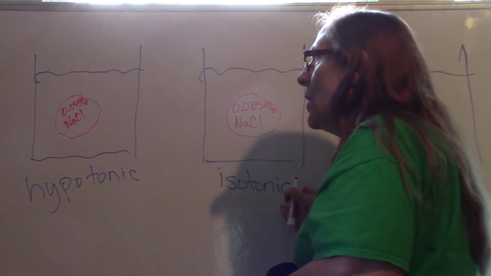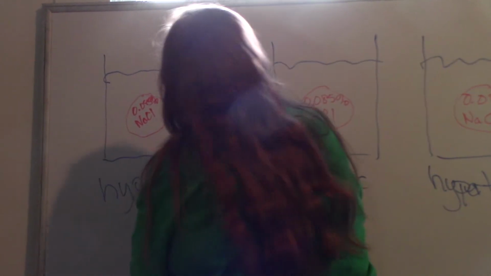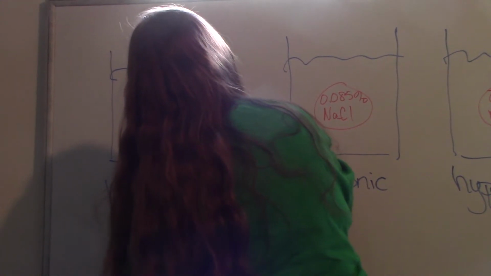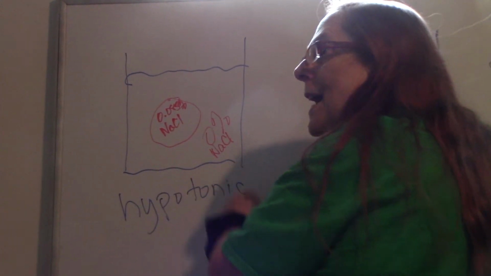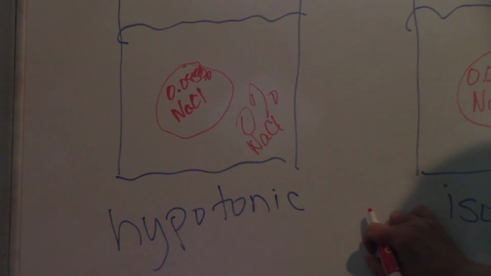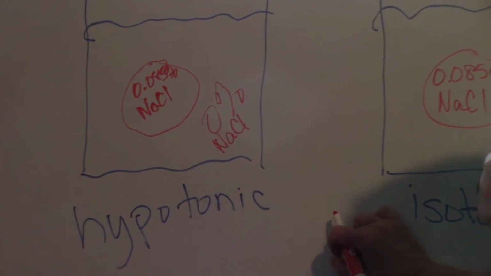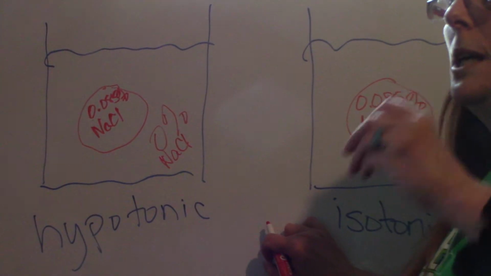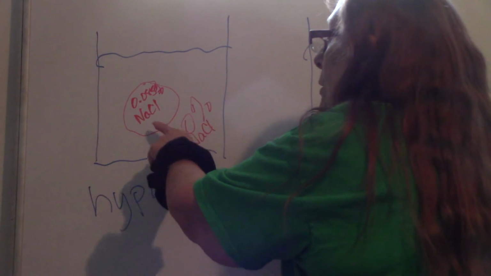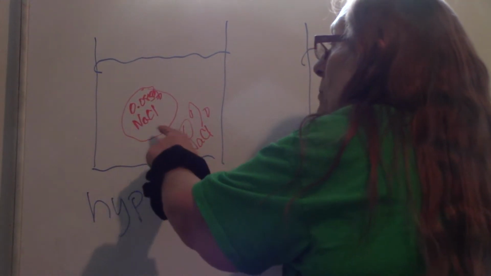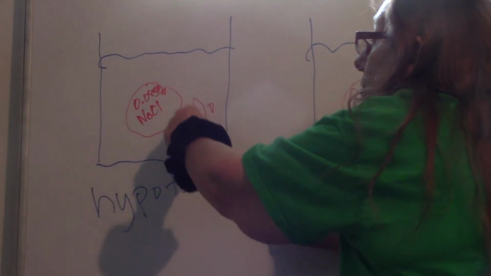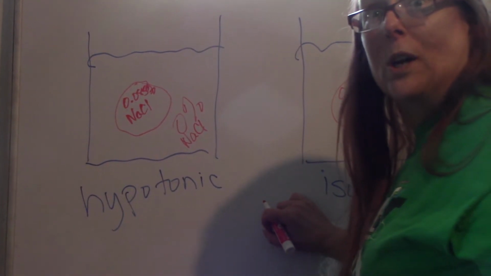In a hypotonic solution, we might have 0% sodium chloride. And while that isn't a lot, that is less. Okay? So what happens is, because of a chemical property to achieve an equilibrium, there's a net movement of water into the cell to dilute this so it's the same as what's outside.